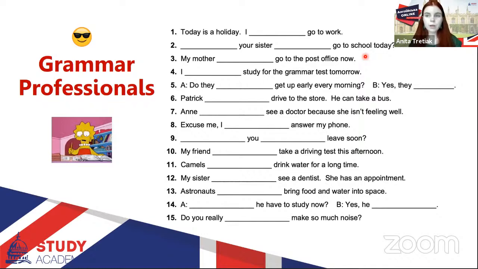Guys, try to be more active because I don't really see many comments there. Yeah, 3, my mother has to. Guys, don't forget about the word to. My mother has to go to the post office now.